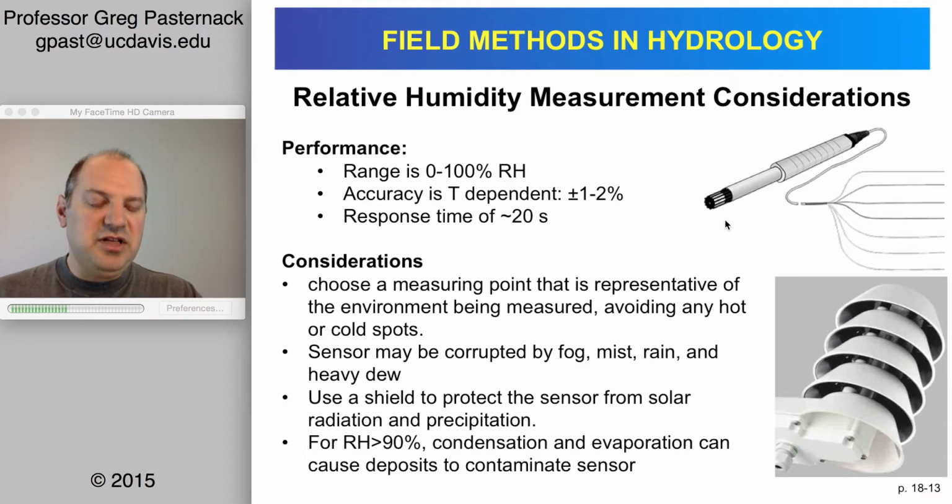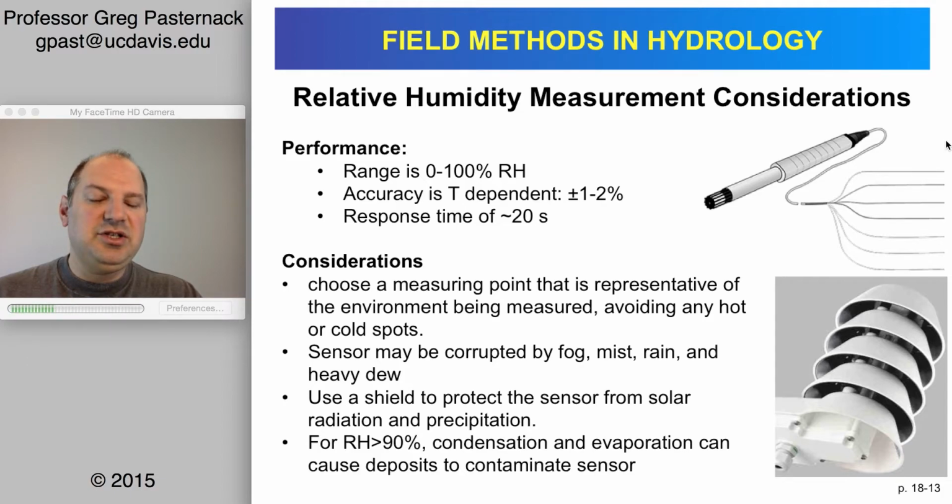Some things you need to think about, first and most importantly, is you've got to put the sensor in a shield that's going to keep moisture off of it and keep solar radiation off of it as well. This is what one of those shields looks like. Whenever you see that out at a weather station, you know that's where the relative humidity sensor is.